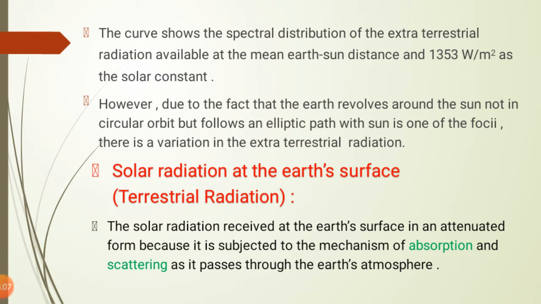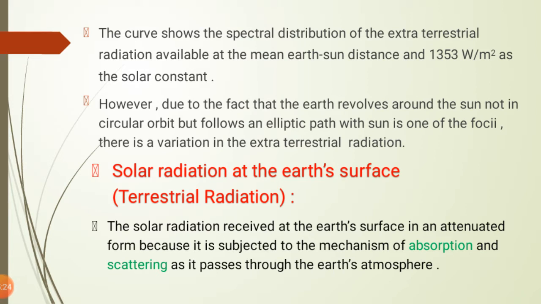The solar radiation at the Earth's surface is also known as terrestrial radiation, and before we have seen extraterrestrial radiation. Now let us discuss terrestrial radiation.